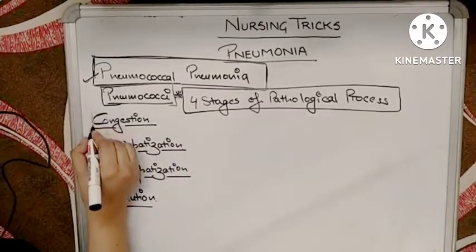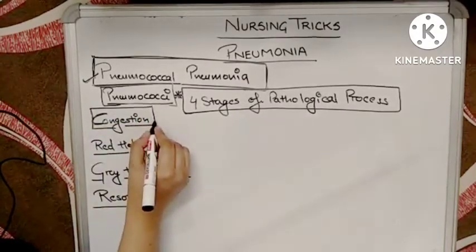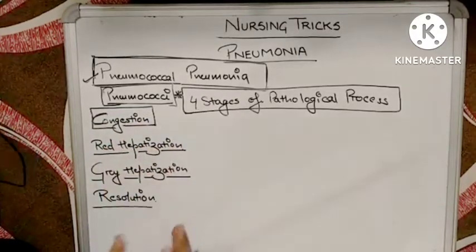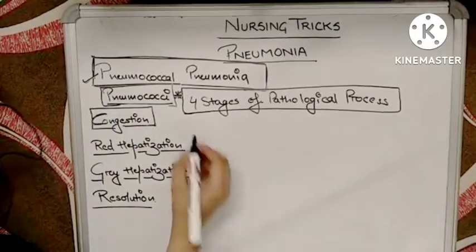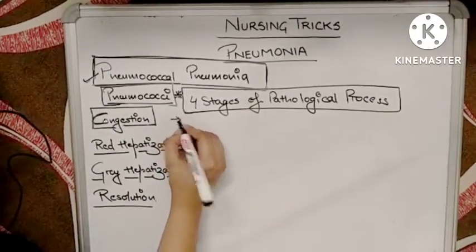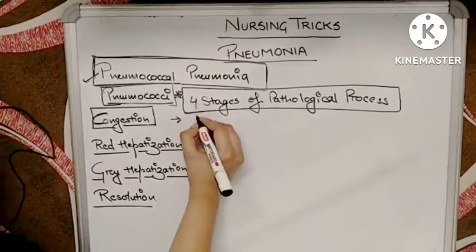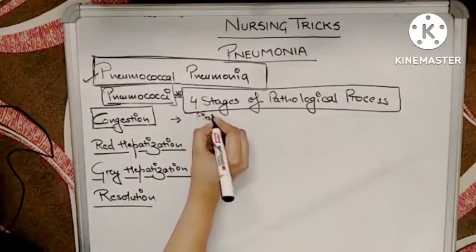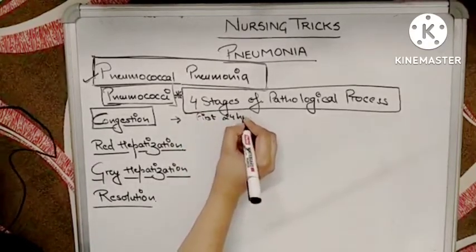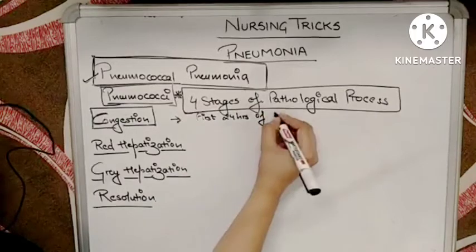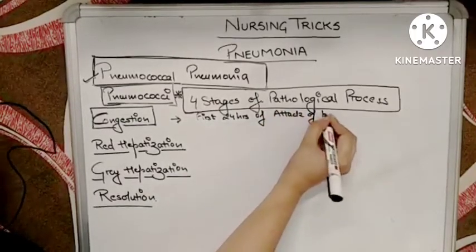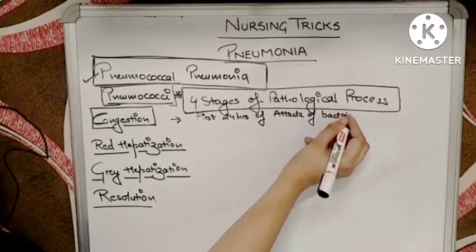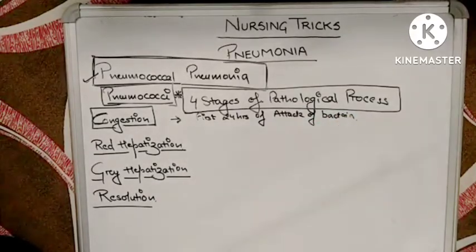What the word itself tells you is that something is very tight inside your lungs. The first very important thing to remember is that it happens within the first 24 hours of attack of bacteria, or you can say within the first 24 hours of contracting pneumonia.